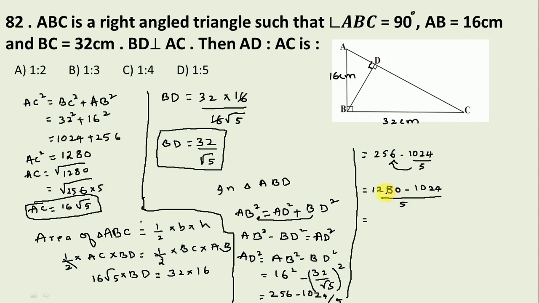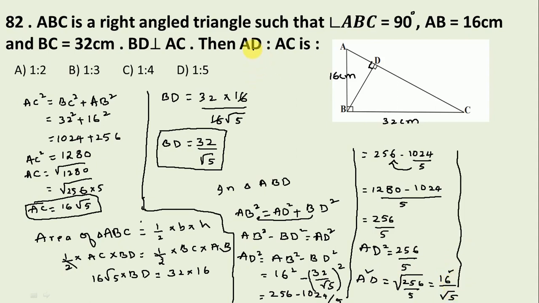Subtracting, 1280 minus 1024 is 256, divided by 5. AD square is 256 divided by 5. AD is equal to root of 256 divided by 5. 256 is the square of 16, and root 5 stays as it is. So AD is 16 by root 5.